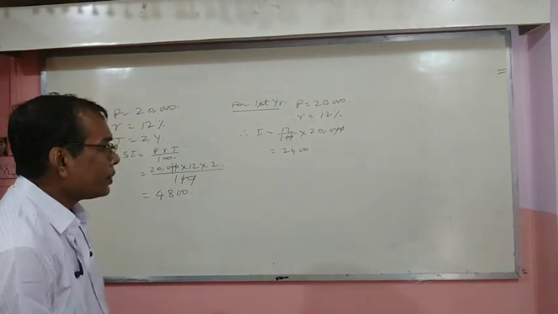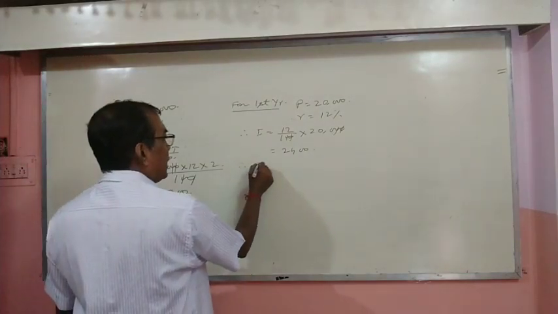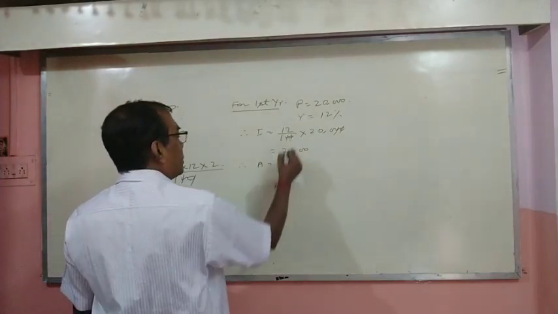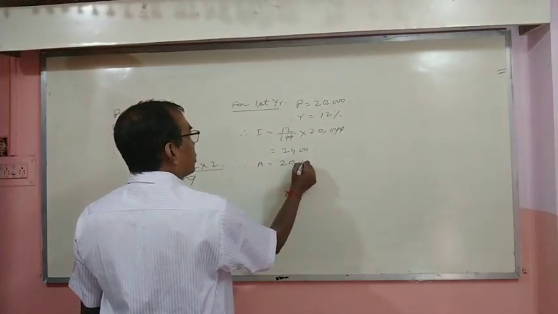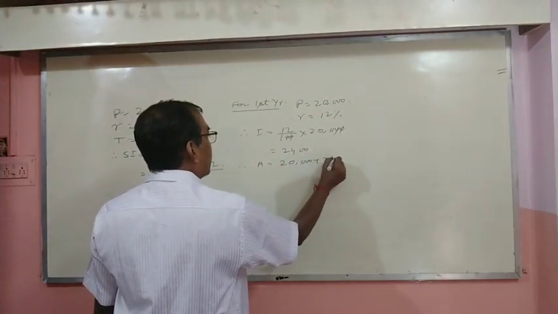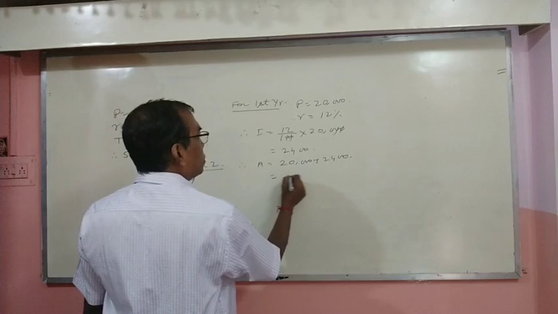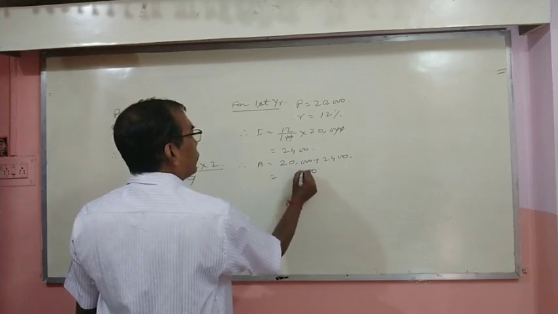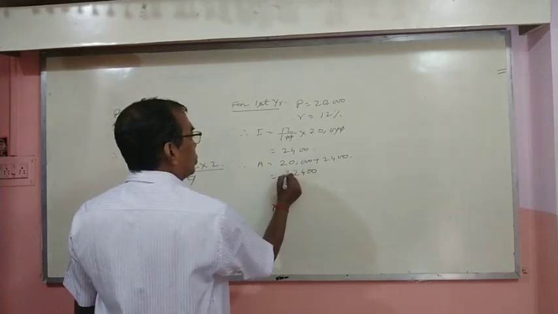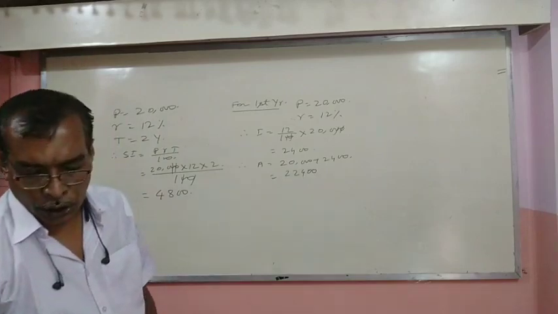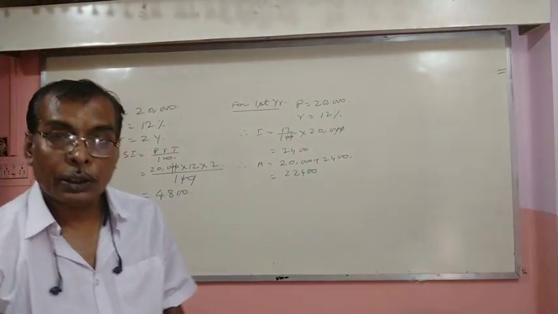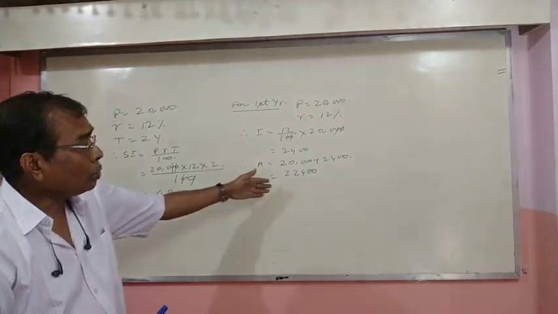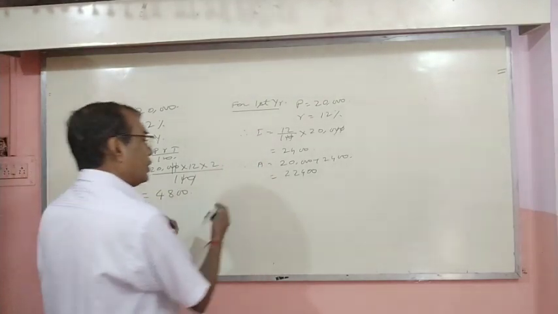When I add this interest to this year's principal, 20,000 plus 2,400, the amount is 22,400, and this amount will go as the principal for the second year.